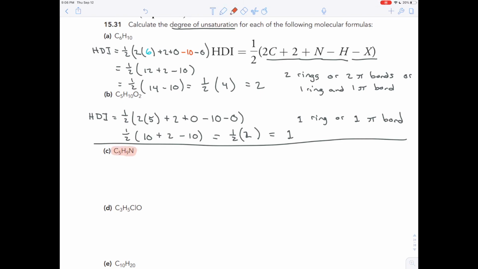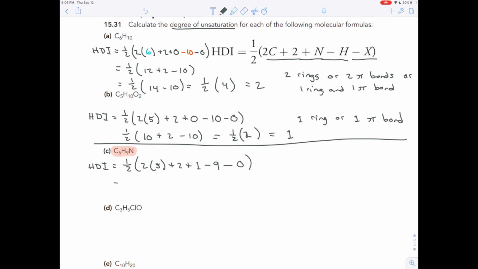Let's apply this again to this right here. So the hydrogen deficiency index for this will equal 1/2 times 2 times the number of carbons, there are 5 carbons in this molecule, plus 2, plus the number of nitrogens, there is 1 nitrogen in this molecule, minus the number of hydrogens, which is 9, minus the number of halogens, which is 0.